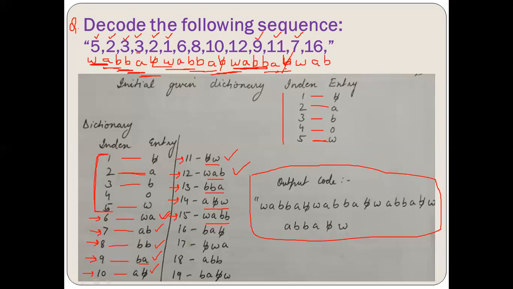A, B bar, B, A, B bar. So at 16th position, I'm going to add B, A, B bar because this is not present anywhere in the dictionary. So it is B, A, B bar. So at the 16th position, I'm going to add B, I'm going to decode it as B, A, B bar.